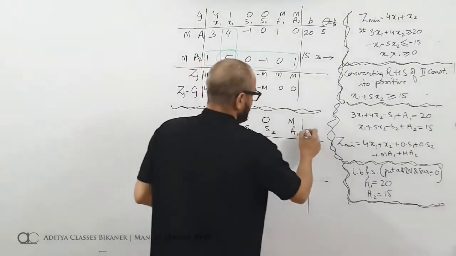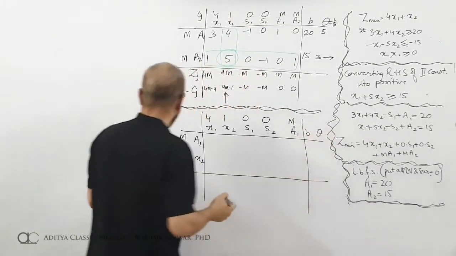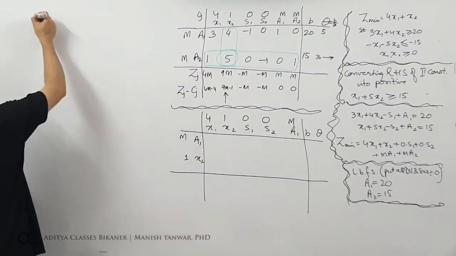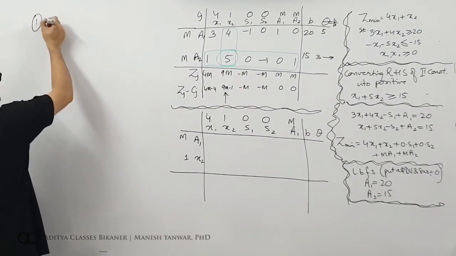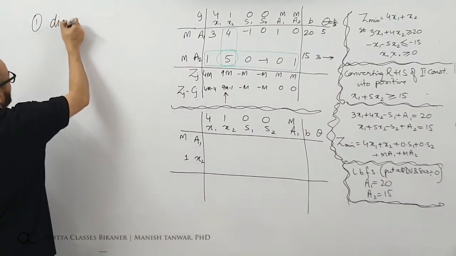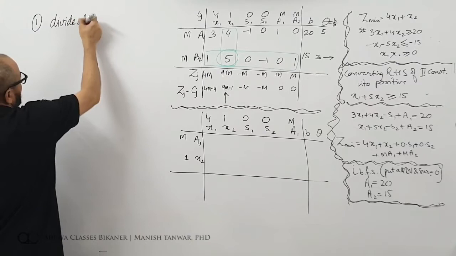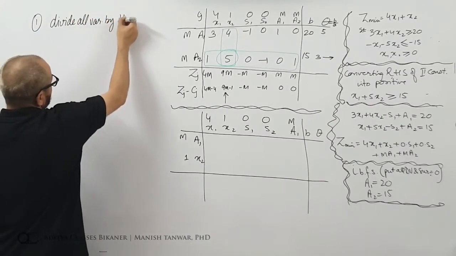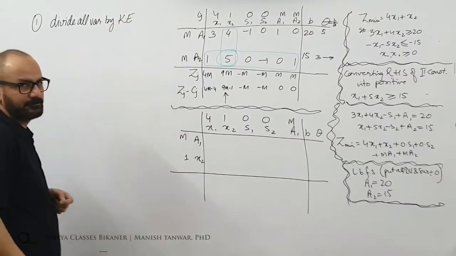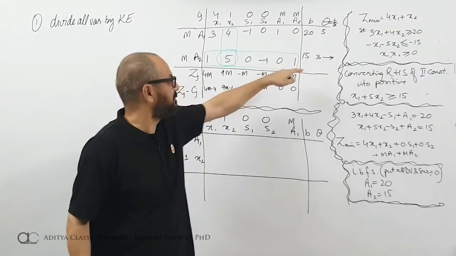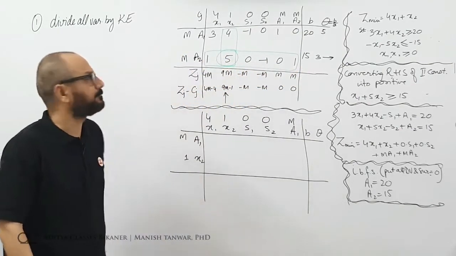Next big issue is how to transfer them. Now we know how to transfer them. We have our two rules. What are those rules? One rule is applicable for the key row: divide all variables by the key element.